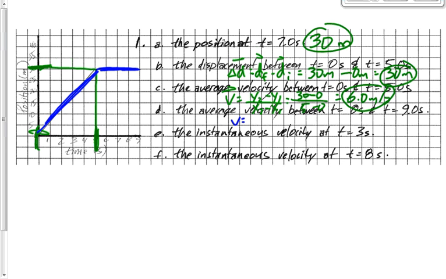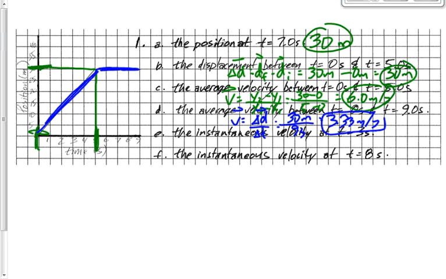Close, total displacement over the total time. Right? Velocity is displacement over time. Displacement is, in this case, 30 meters. Okay, we've gone from 0 to 30 meters. The displacement is 30. The total time is 9 seconds. So that's going to be 3.33, I think. Anybody get that? Good. I knew there was people that had the answer that just wouldn't raise their hands when I said how many people think they got it.